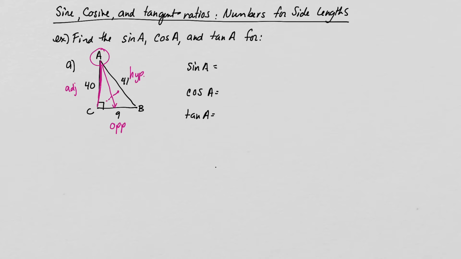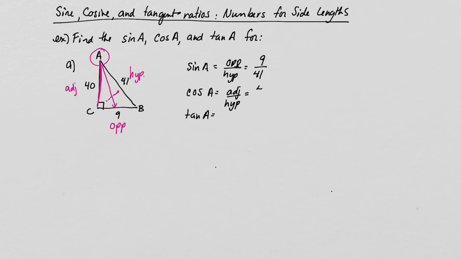So the sine, remember sine is opposite over adjacent, right? You don't have to write this part, but just to refresh our memory here, it's opposite over hypotenuse. So the opposite side is 9, the hypotenuse is 41. Can't reduce that, so we're going to leave it as it is. Cosine is adjacent over hypotenuse.